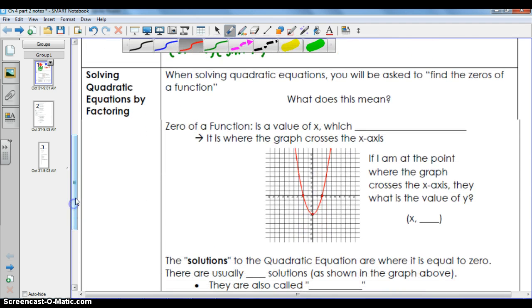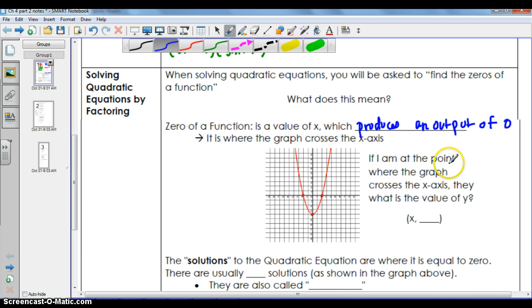So when solving quadratic equations, you will be asked to find the zeros of a function. So what does this mean? A zero of a function is a value of x which produces an output of 0.